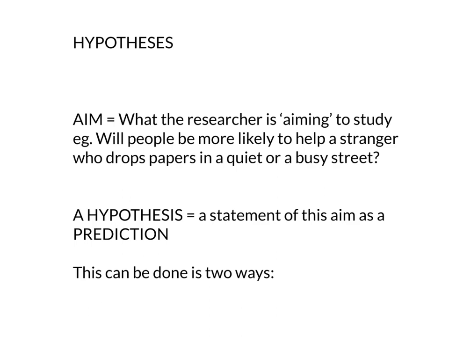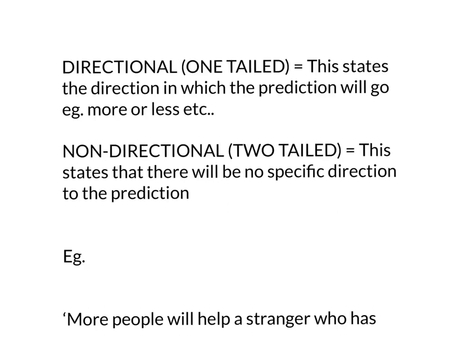When we go on to write an actual hypothesis, we must state this whole aim in a completely new way that has a prediction. And there are two main ways of doing this. So we can go two ways. We can have a directional or one-tailed hypothesis, or we can have a non-directional or two-tailed.